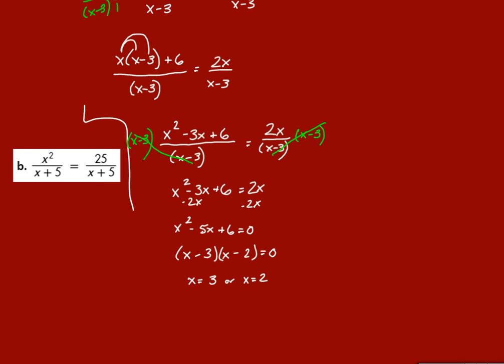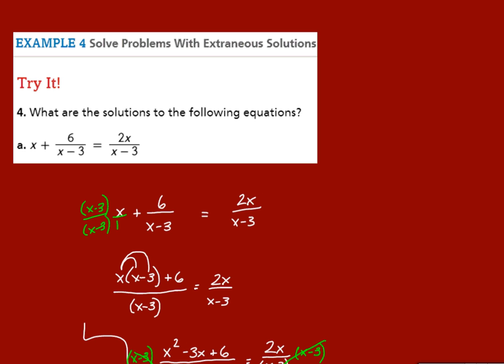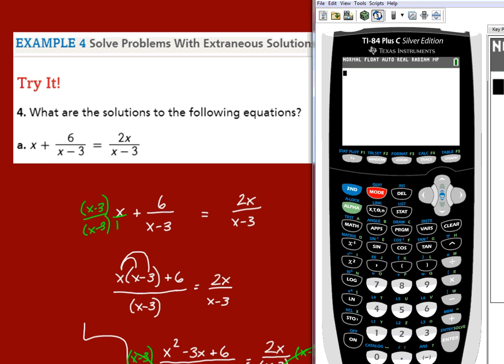So let's get out our calculators. Okay, so I'm going to type this equation in, but every time I see an x, I'm going to hit a 3 or I'm going to hit a 2. So what should happen is the left side should equal the right side. We have to go back to the original equation.